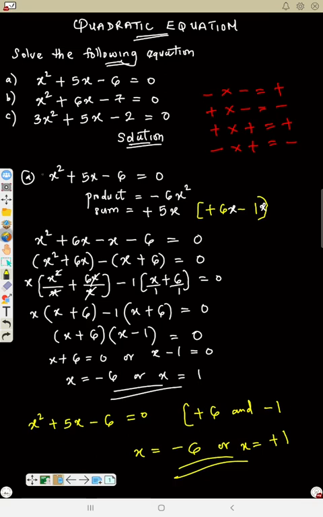But if you look at the question, the coefficient here is 1 x squared, so it's like saying divided by 1. Nothing will change, that's why I won't use it there. But like this one, which has a coefficient of 3, I have to divide by 3. So that means the answer is this. That is the short method to do that.